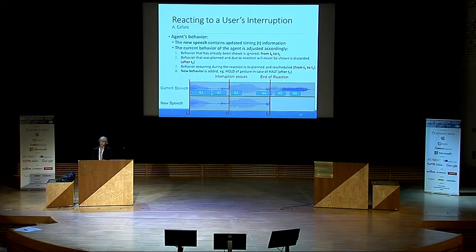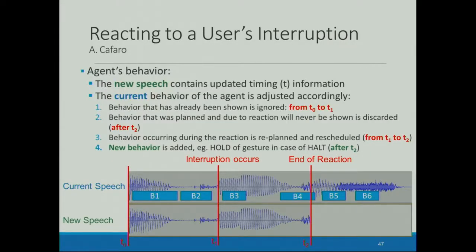For the behaviors, we compute the behaviors of the virtual agent, so what has already been shown is there. After that, we plan the next behaviors, what will come after the interruption is gone.